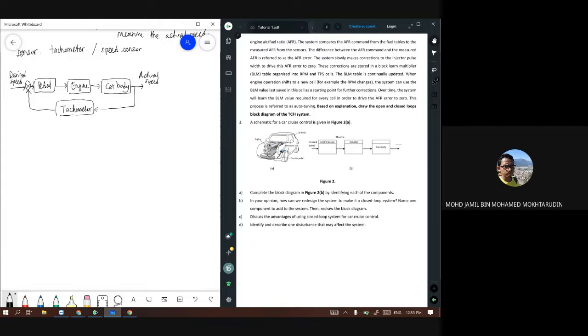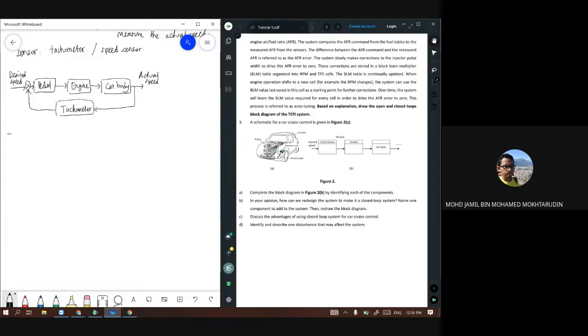Or maybe you drive on a road that has high friction, maybe on gravel, a road with small stones, not on a tar road. So when you drive on a road surface that is not smooth or has higher friction, then your car speed will reduce.